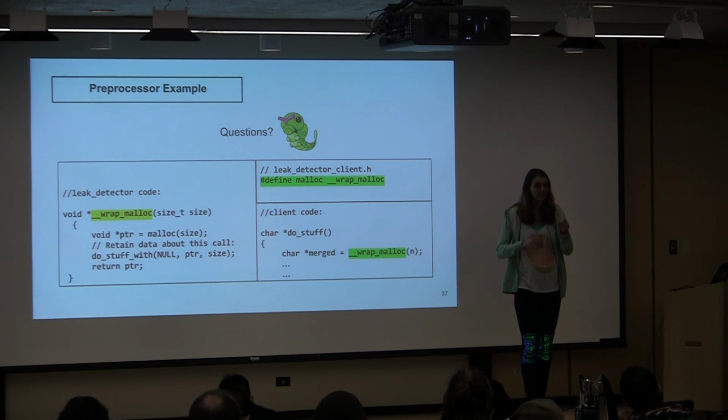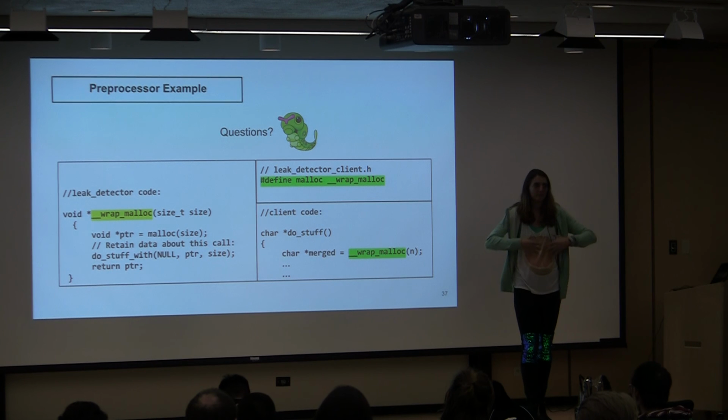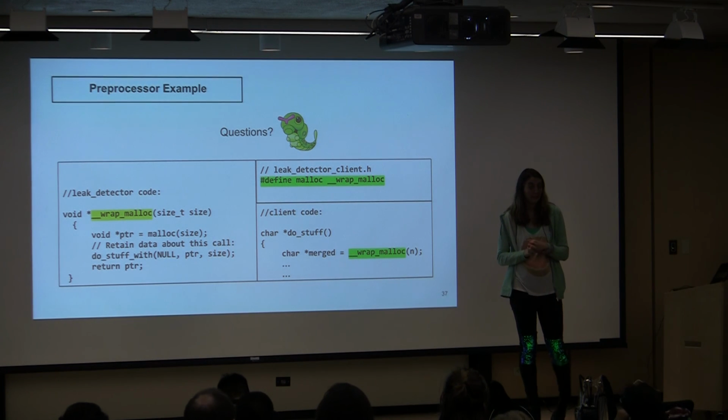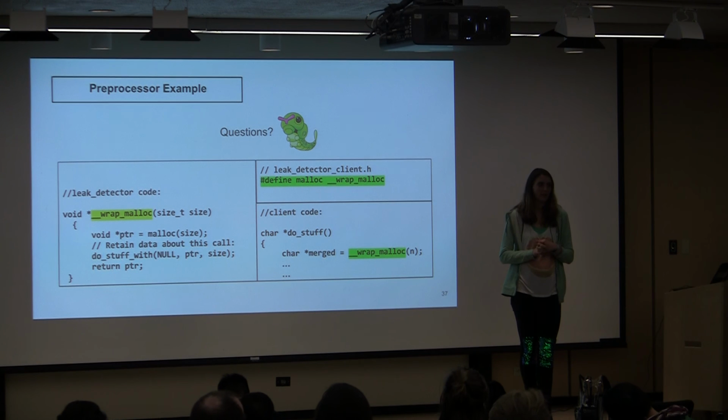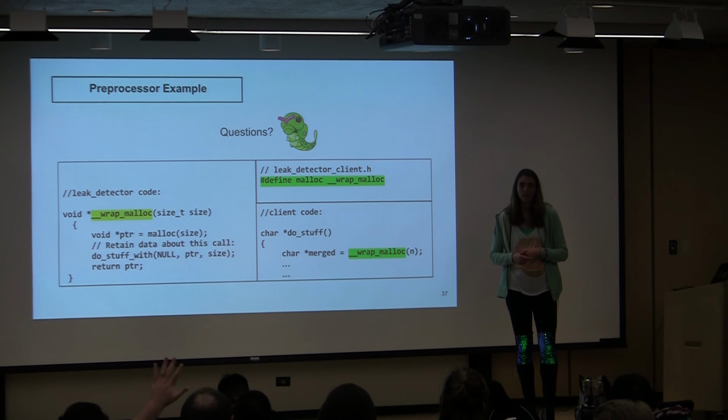Also, I think that is part of your question, which is, do pound defines just go everywhere, or do they just apply to the file that they're part of or included in? And I think no. But definitely a pound define is not going to work on code that's not in C.